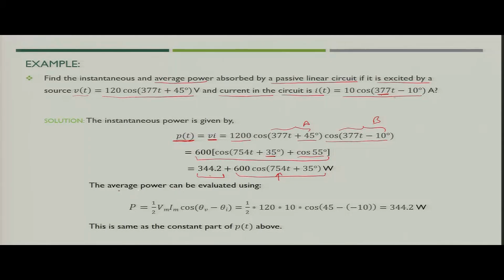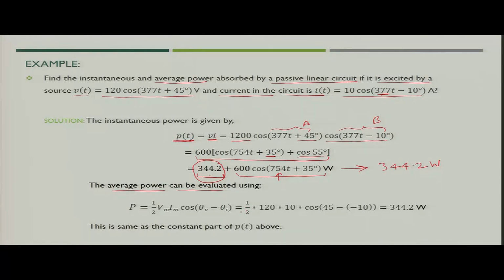Now, how will you calculate the average power? We came to know that the constant term which we get from the instantaneous power is nothing but the average power. So, from here itself you can say that the average power is 344.2 watt. But how will you verify whether it is correct or not? Let us calculate the average power with the equation we just derived, P equals 1 by 2 Vm Im cos(theta V minus theta I).